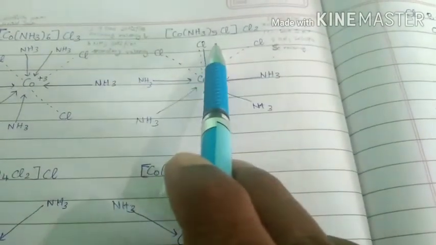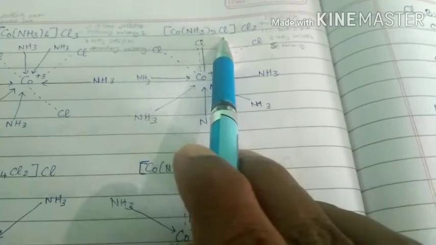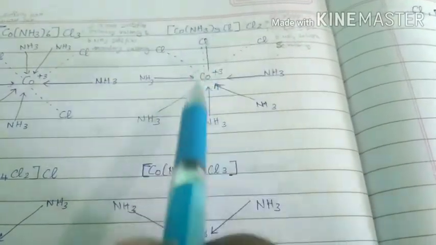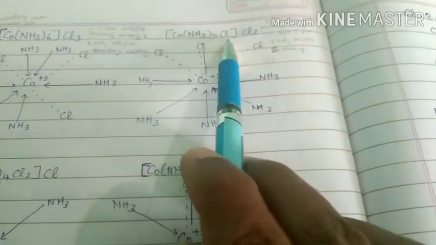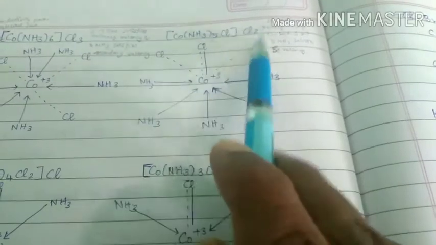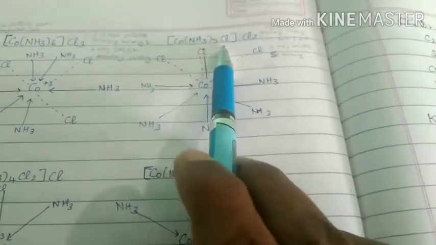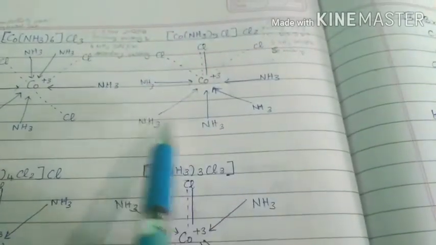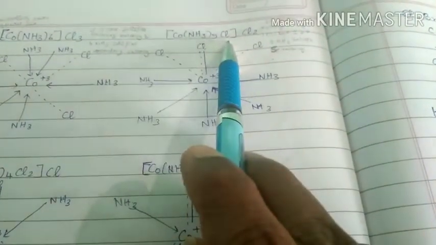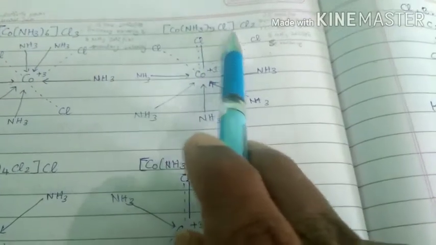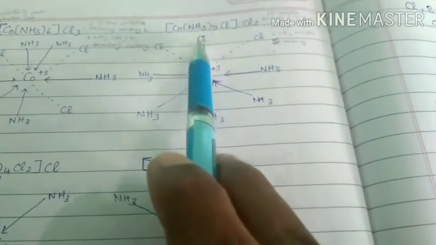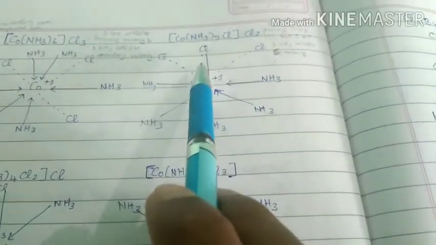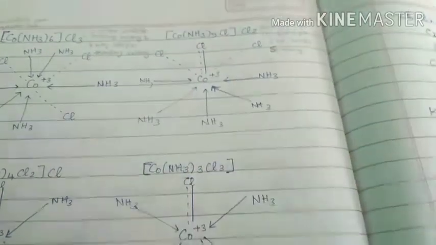Again that also should be represented with the bar line, because this Cl is a negative ion. That negative ion satisfies both primary valency as well as secondary valency. Here secondary valency is also 6. Among 6, 5 are ammonia and 1 is chlorine. That chlorine satisfies primary valency as well as secondary valency. That is why that one chlorine is represented by a dotted line as well as a bar line.